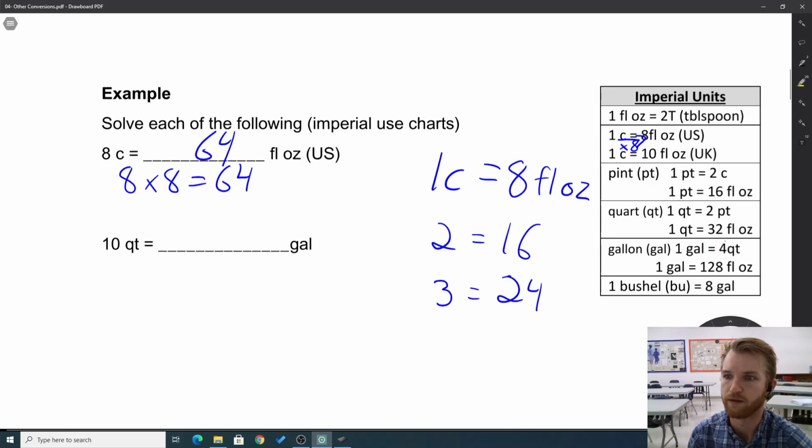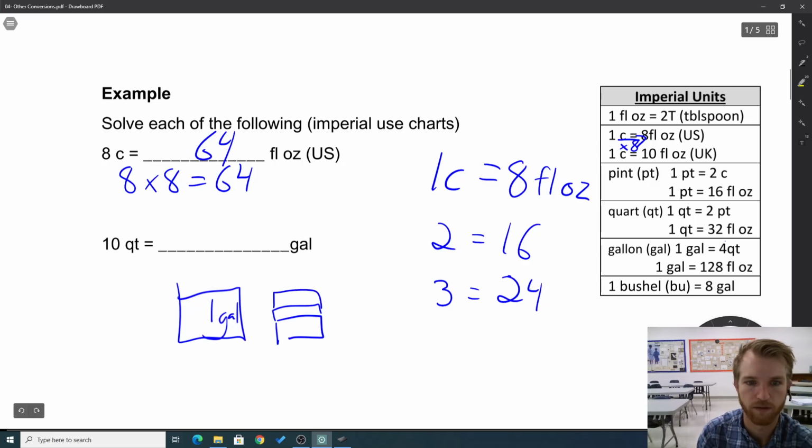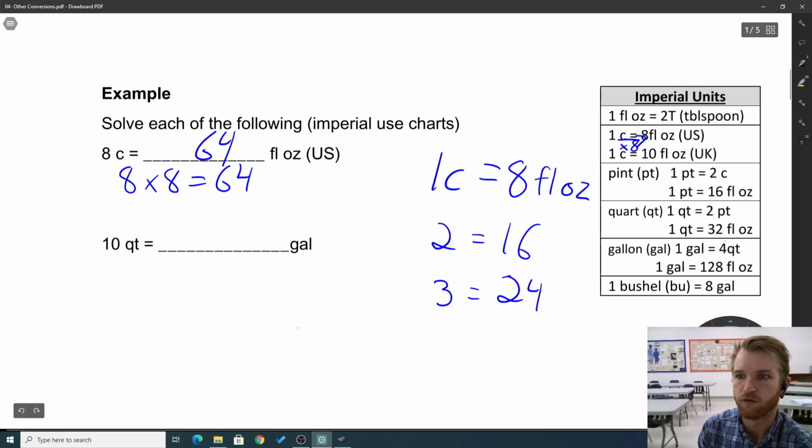So 1 gallon is 4 quarts. Let's say this is 1 gallon. 4 quarts makes up 1 gallon, so we would need 1, 2, 3, 4 quarts to make up 1 gallon. So every 4 quarts is 1 gallon.